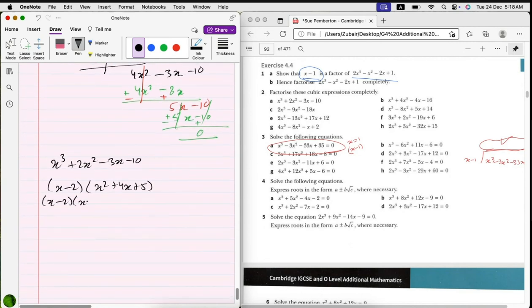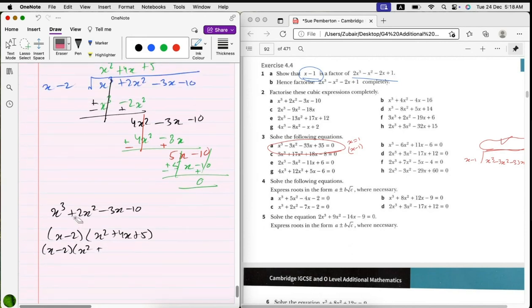x minus 2, x square plus, okay, these are all positive. Do we have a factor? 5 is a product of 1 and 5 only. We don't have.